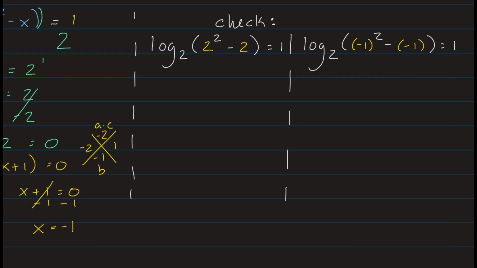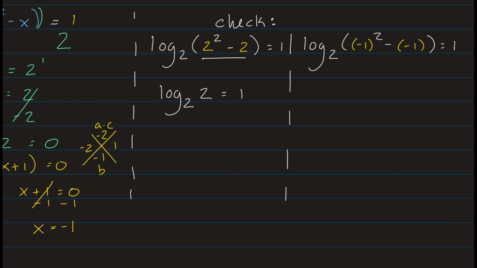First thing I'm going to do, this left-hand solution. And first, on this left-hand side, I have to simplify the argument. I have to make it so it's one term so that I can then evaluate that log. 2 squared is 4, minus 2 is 2. So on this left-hand side, I have log base 2 of this argument simplifies down to 2 is equal to 1. And now that the log is all by itself with one term as the argument, I can evaluate it, just like we did last week.